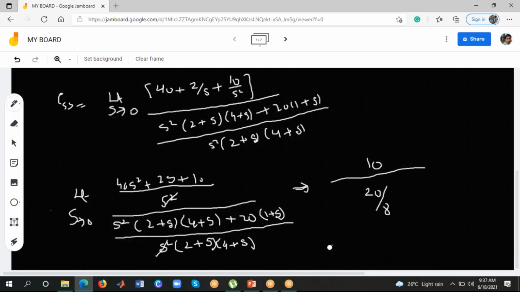So you'll get 10 into 8 by 20. 10 ones are 10, twos are, 2 ones are 2, fours are. So the answer is 4.